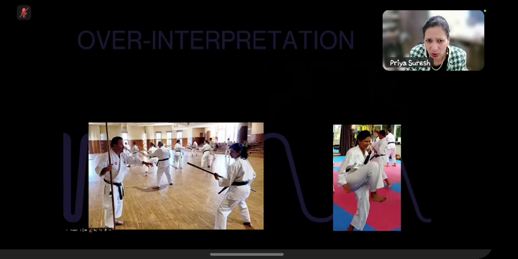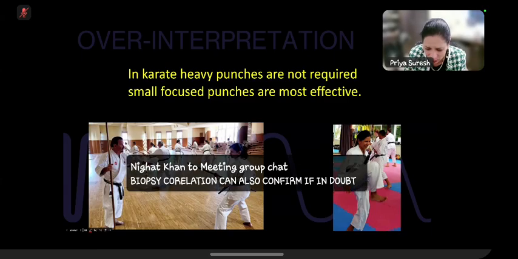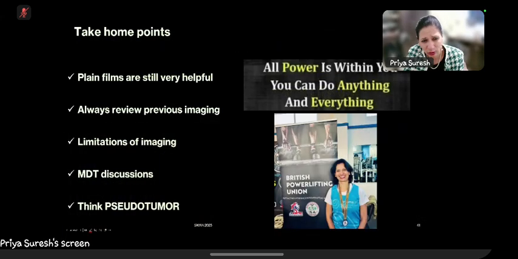Overinterpretation: we say in karate, small focused sprints are most effective. So just go for what is necessary, and not CT, MR, every test that you can. So, take home points. I know the general feeling is about advanced imaging, but I think plain films are the answer.